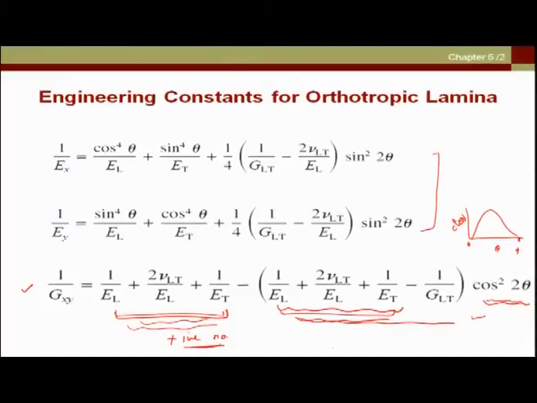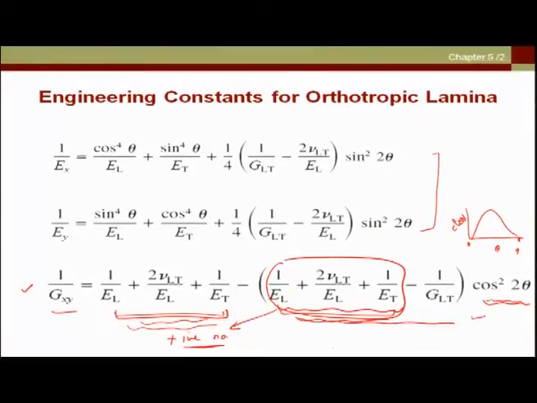So, what typically happens is that as theta starts increasing from 0 degrees, this term tends to reduce the magnitude of this positive number, and as this number becomes smaller, its inverse starts increasing, because this is 1 over GXY.